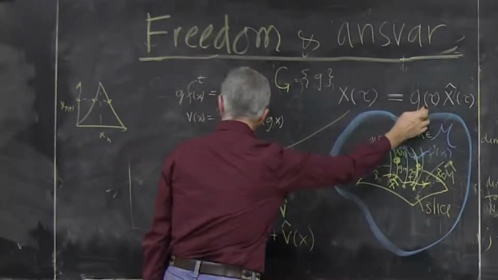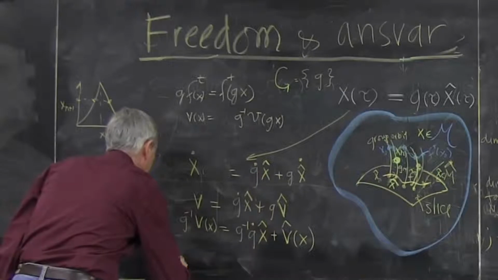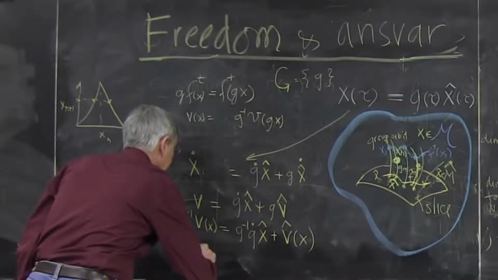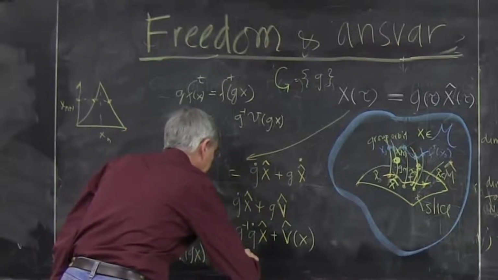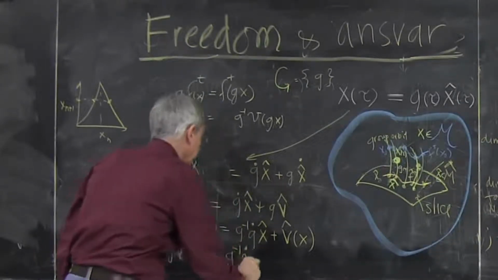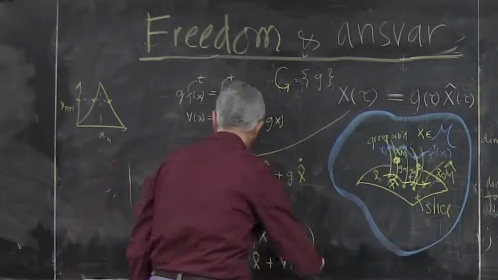Then I use this relationship and I'll write this as g minus 1 v of g of x is inverse operation time variation of the group of the moving frame plus x dot.